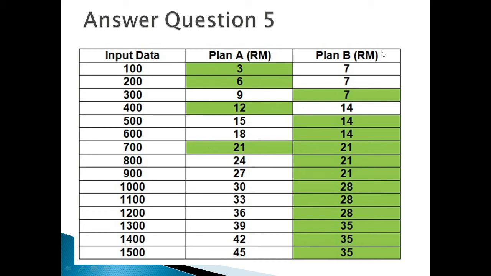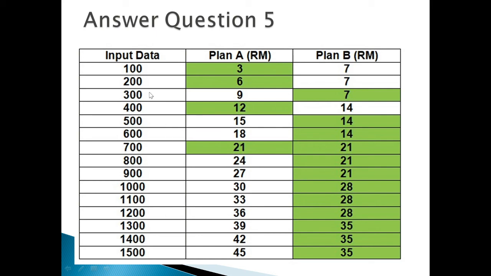But for plan B, there are two formulas involved. Number one, where the data can be divisible by 300, which is 300, 600, 900, 1200, and 1500. All of these are divisible by 300.